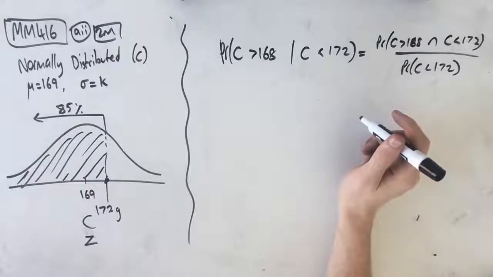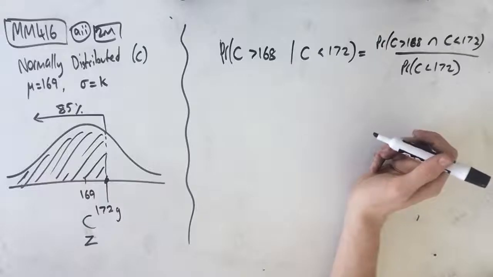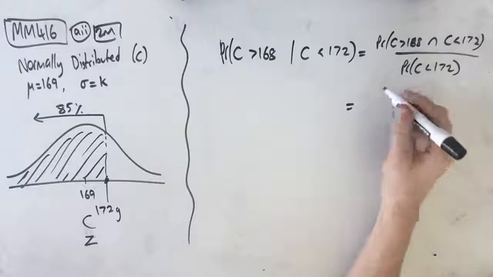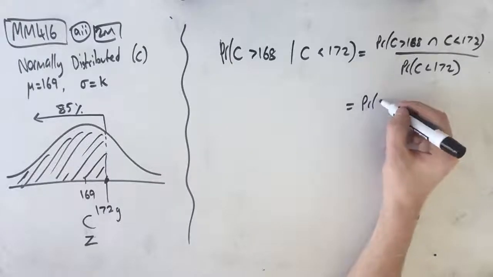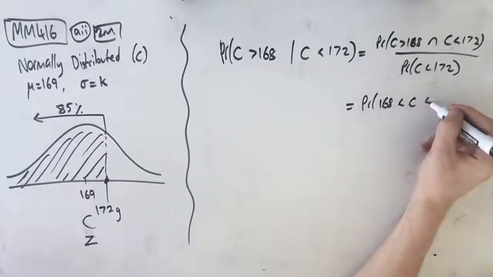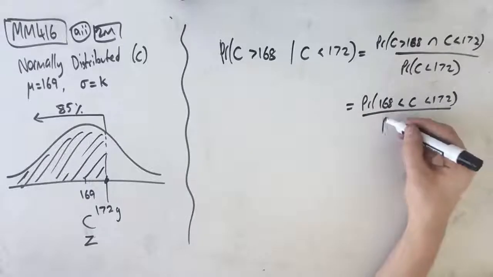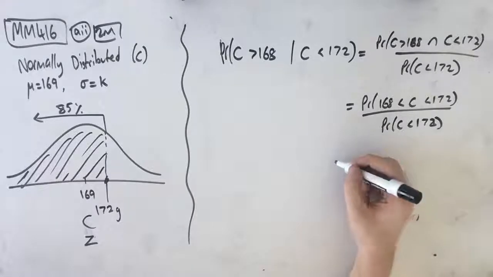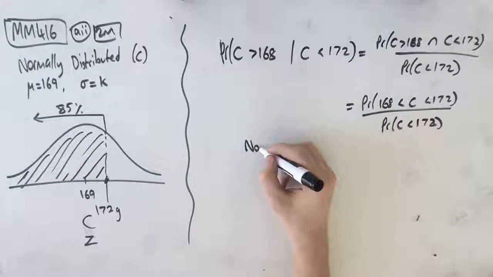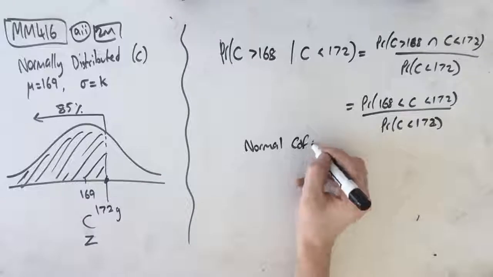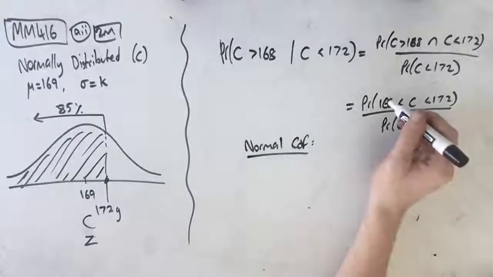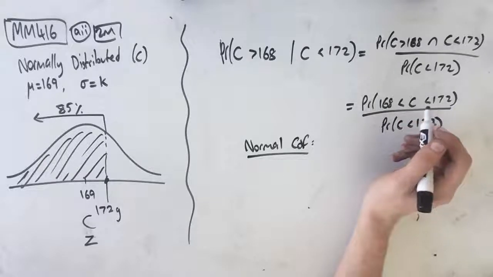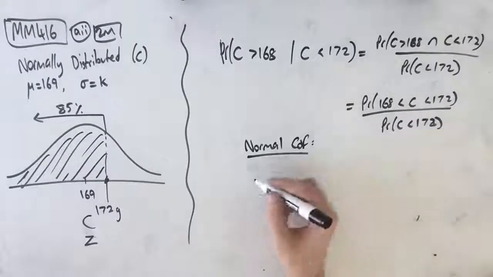Awesome. Now we can use our normal CDF to find our probability of this. So the intersect between greater than 168 and 172 is exactly that. So 168 less than C less than 172. So between those two values, over the probability that C is less than 172. Now, using our normal CDF in our CAS, we use this because we know our upper and lower limits, we know our standard deviation, mean, all that sort of thing, but we don't know our probability, and that's exactly what we're trying to find with this.